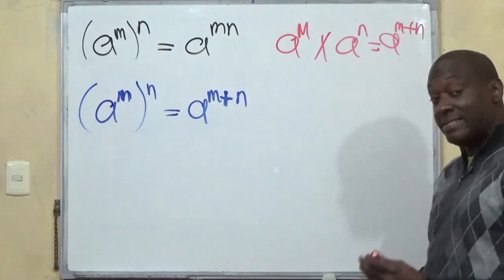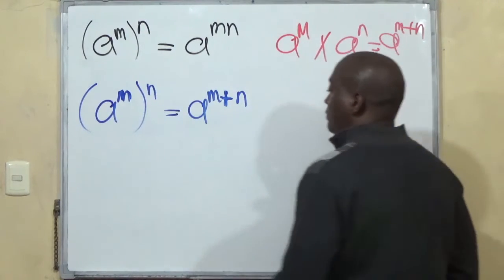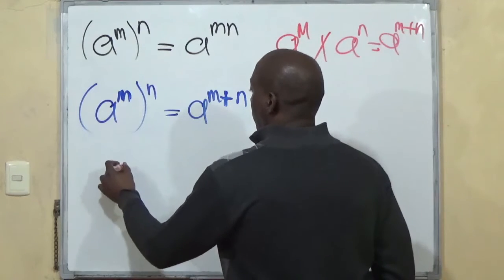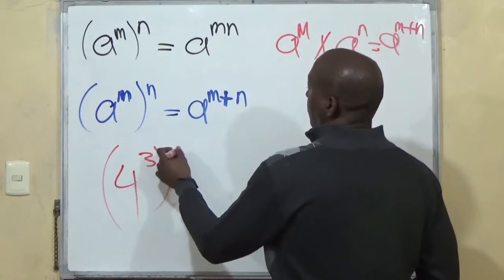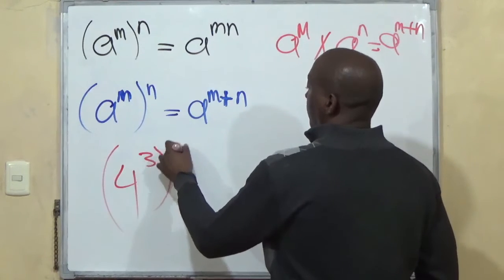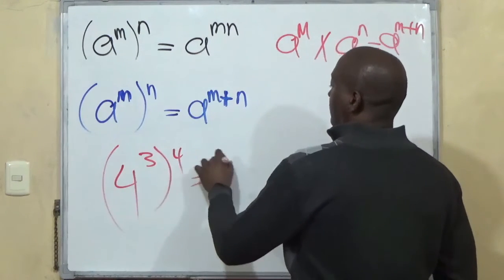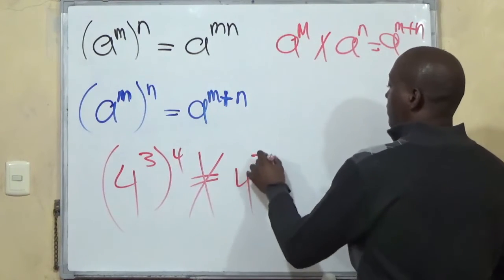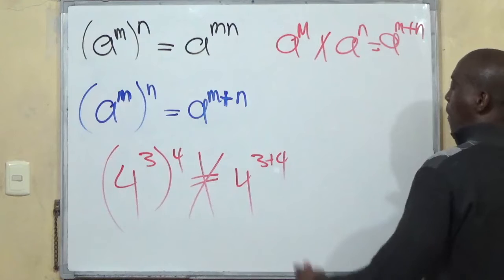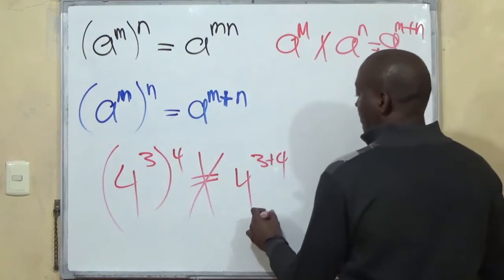Right? Sometimes people need to see the actual number. 4 to the power of 3, all raised to the power of 4, is not 4 to the power of 3 plus 4, equal 4 to the 7. Right?